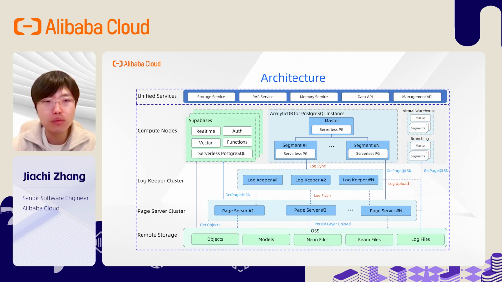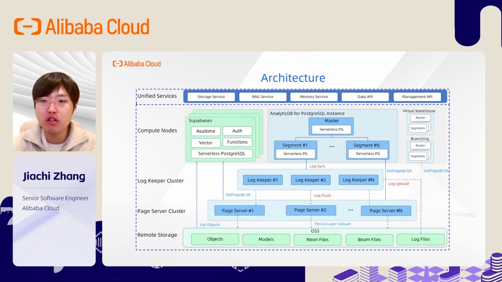On this slide, we present our new architecture, which decouples compute from storage into modular layers. The compute nodes run Serverless AnalyticDB PostgreSQL instances, and we can see it includes both the master and segments.